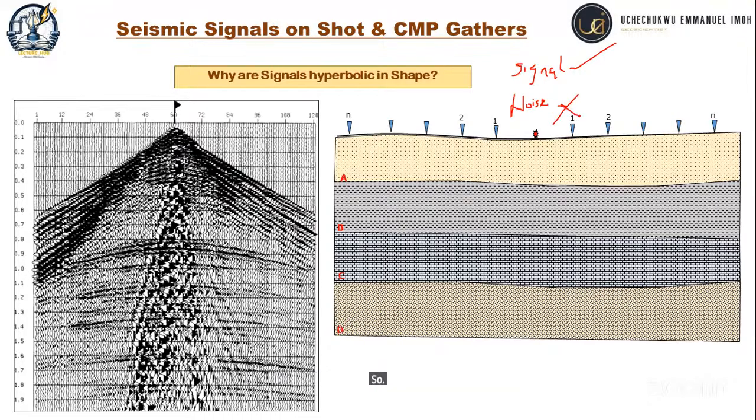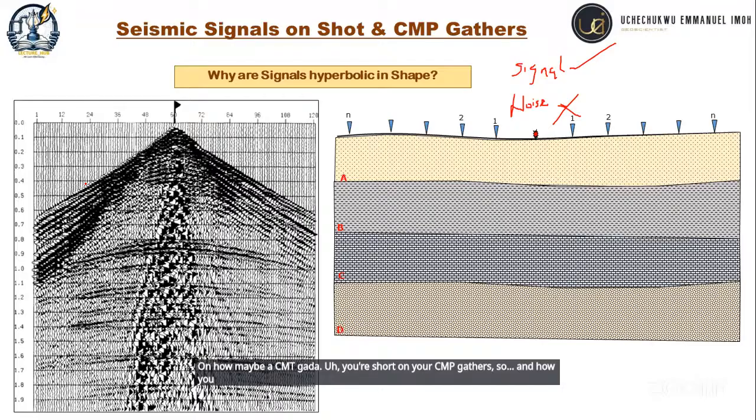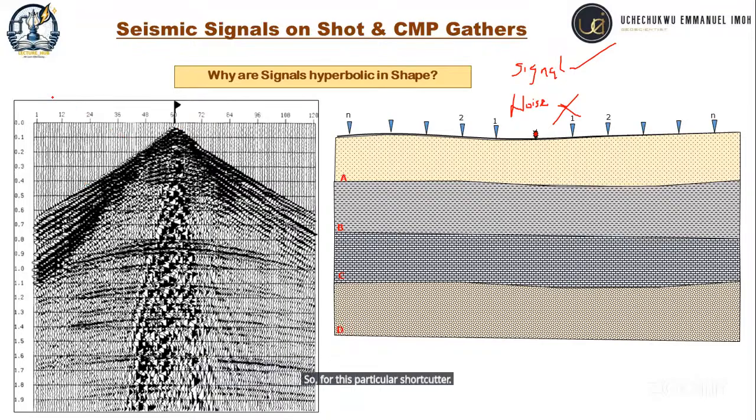So the essence of putting this slide is for me to explain how you identify your signal on a typical shot gather, maybe a CMP gather, and how you identify your noise. For this particular shot gather shown here on the left, anywhere you see any event that is hyperbolic in shape, you can see the trend.